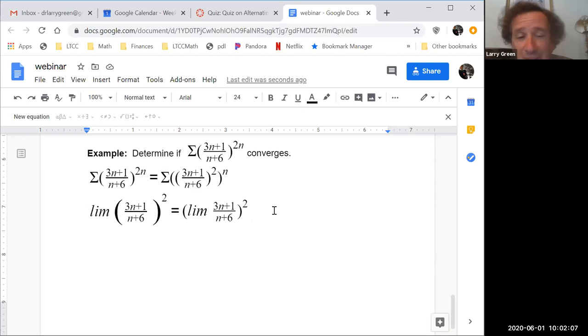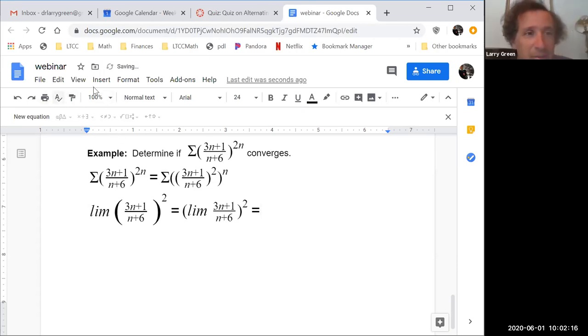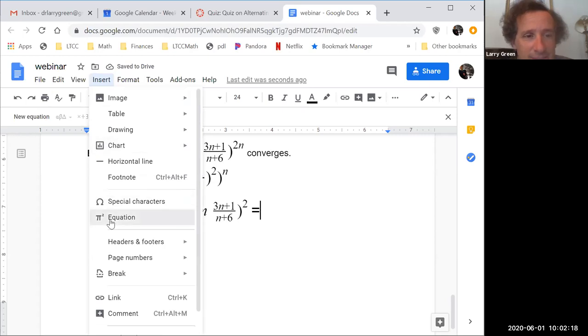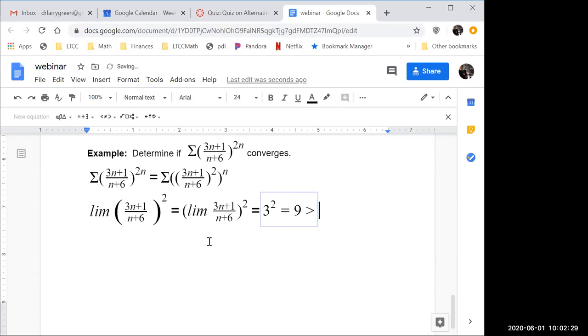Can you do L'Hopital's rule in your head or do you need to see the steps? Yeah, it's 3 squared, so it's 9. Which is equal to 9. What's important about 9? It's greater than 1. So it diverges.